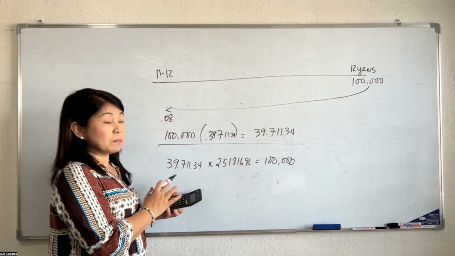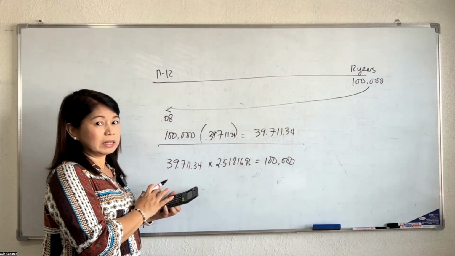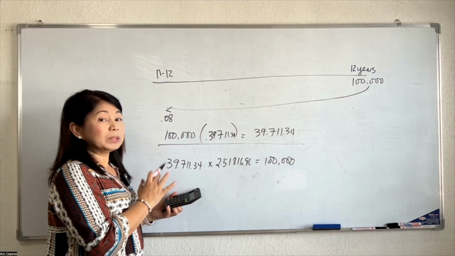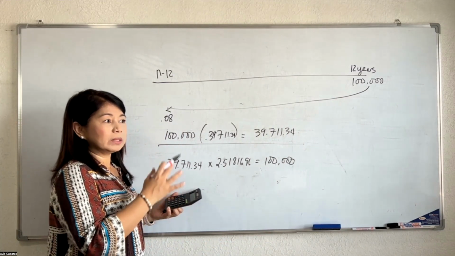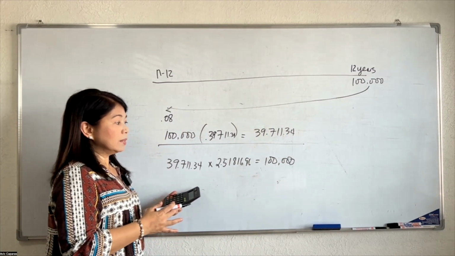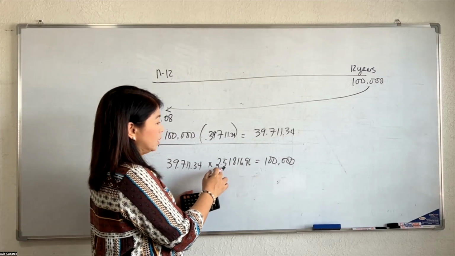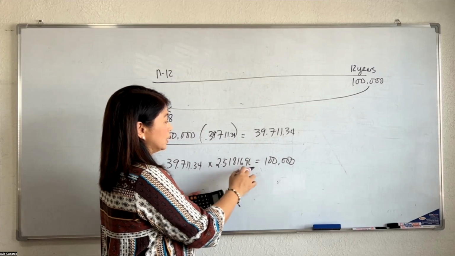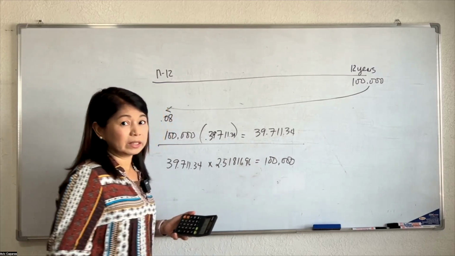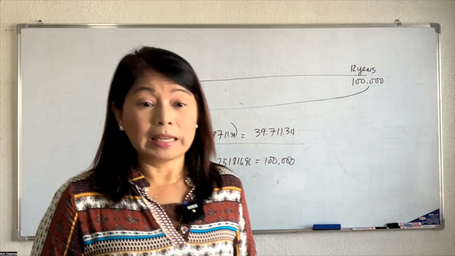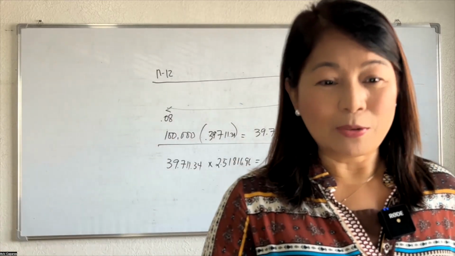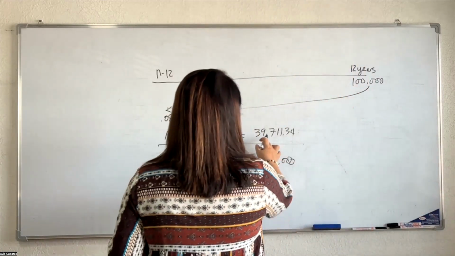If I have 39,711.34 right now and invest it, compounded annually at 8%, I multiply by the future value factor for 12 years at 8%. This is the amount that I got, 99,999. So basically this is the answer that we have.